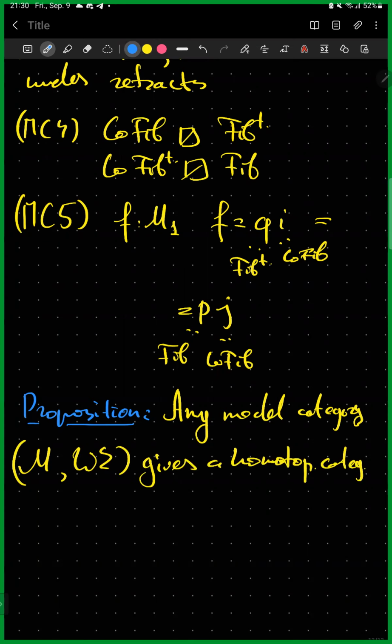So let me prove this. Actually, all that we need to establish is that all identity maps belong to the subcategory of weak equivalences. Everything else is covered by the axioms of the model category.